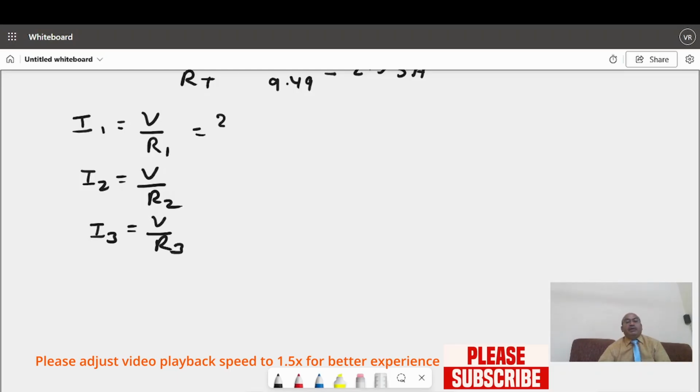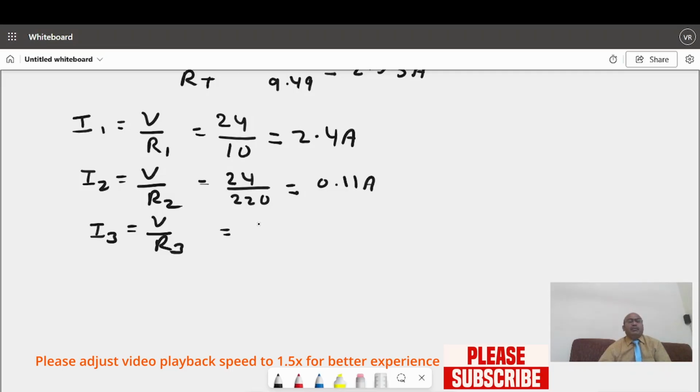I1 is 24 by 10, which is 2.4 amperes, and I2 is 24 by 220, which is 0.11 amperes. V1, V2, V3 are all equal to V, so all voltages are the same for the parallel circuit. I3 is equal to V by R3, that is 24 by 1200, which is 0.02 amperes.